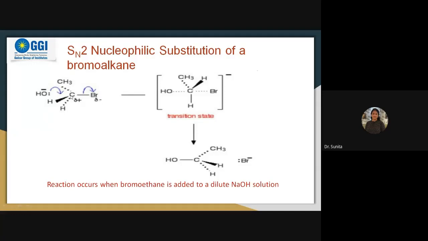The bond dissociation energy for C-Br is less, so it will get broken easily. Here you can see the Br bond is weak and it will acquire a partial negative charge, and the carbon acquires a partial positive charge simultaneously. As it got the positive charge, OH balances this positive charge and provides its electron pair over here, and this complex will be formed.